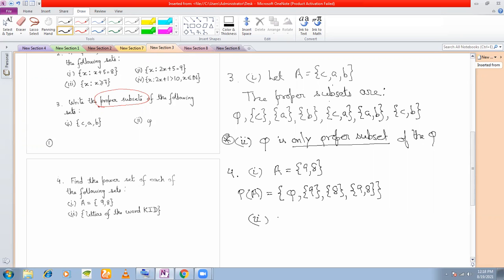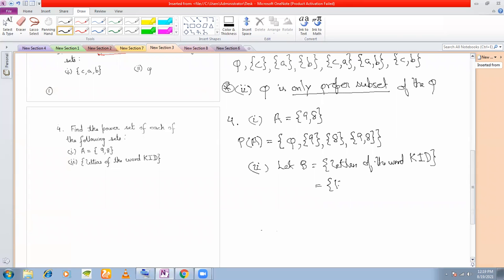What about the letters of the word KID? So what is this set? K, I, and D. So therefore, what should be the power set of B? The power set of B first should be the null set, then the singleton sets, then you take the doubleton sets.